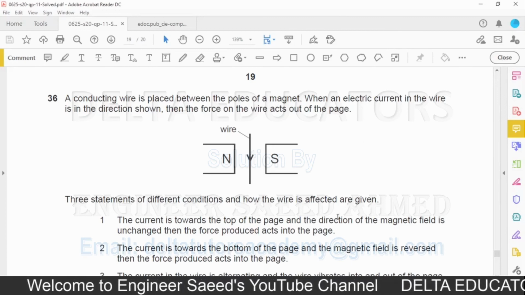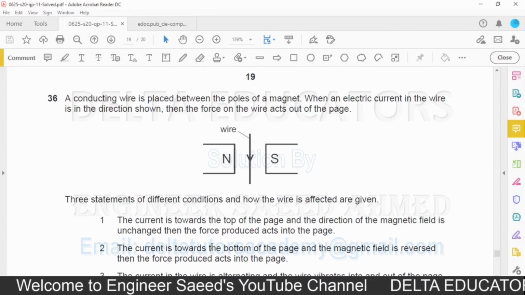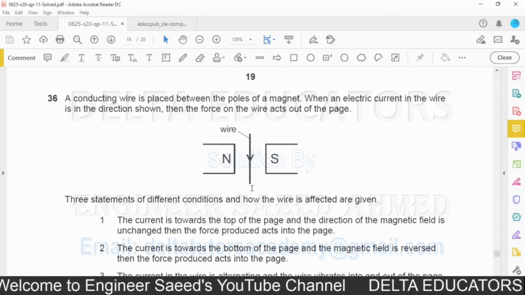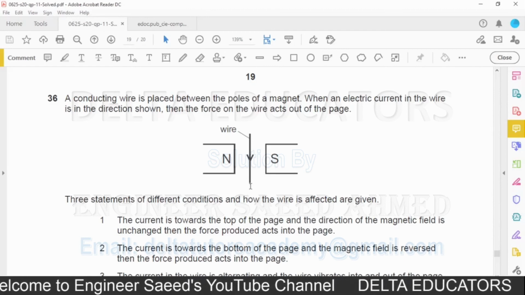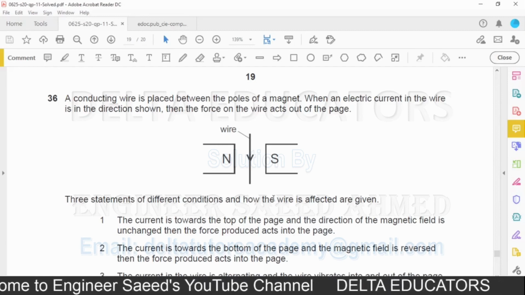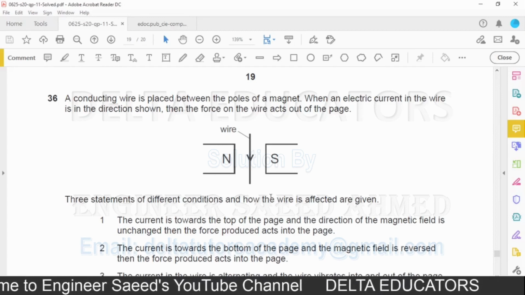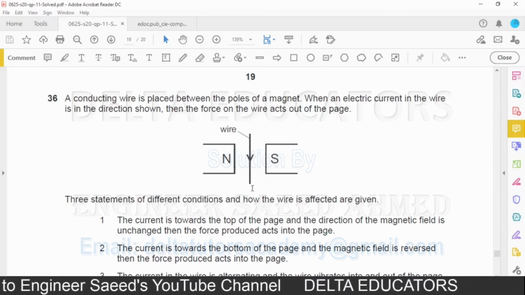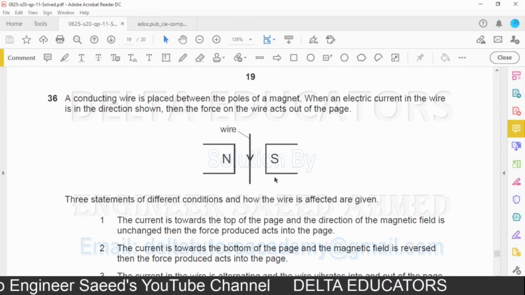Now number 2, the current is towards the bottom. Now the direction of the current is the same as before. The direction of the current is not changed and the magnetic field is reversed. As discussed before, we can change the direction of the force by changing the direction of the current or by changing the direction of the magnetic field.